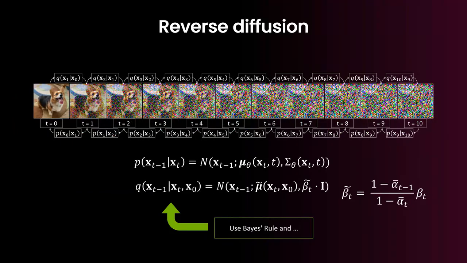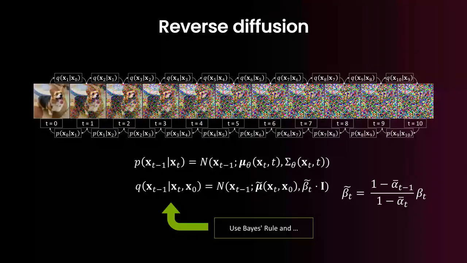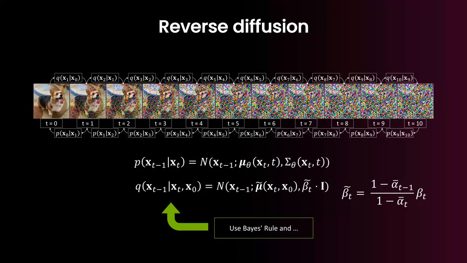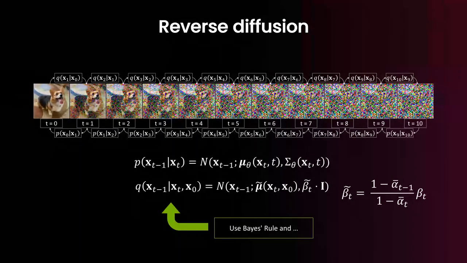What we can do is try to reverse the Q distribution. Instead of making it Q distribution, it will be P distribution, and we will try to create an estimate for x at t minus 1, generating x at t equal 8 from x at the timestamp t equal 9.